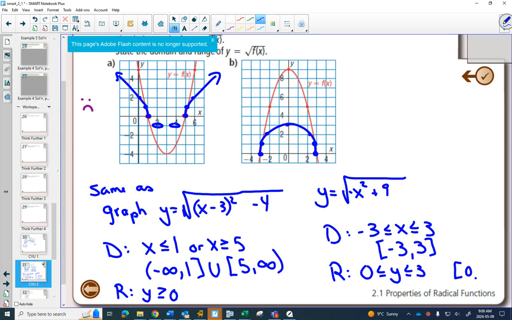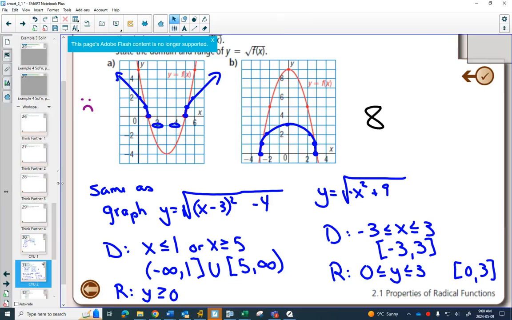Or you could write that in interval notation as well, by writing from 0 to 3. And you can circle question 8.